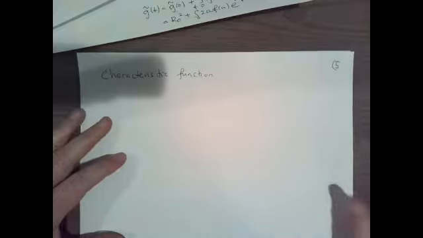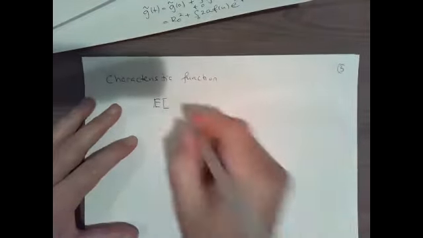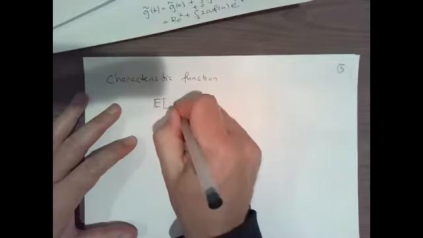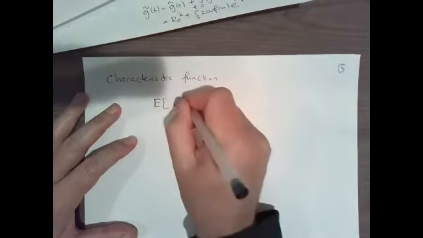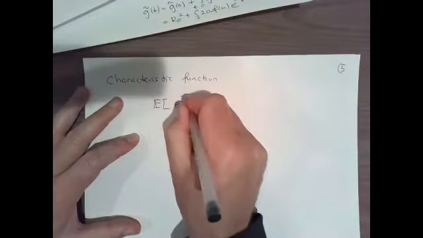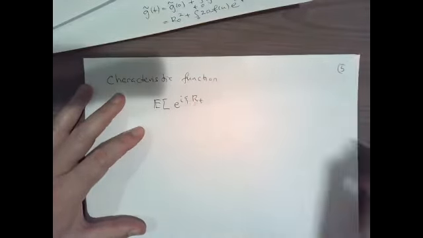So what's the characteristic function? Now we have to look at the expectation of an exponential of i, and then you need the variable, we call it psi, times R_T.